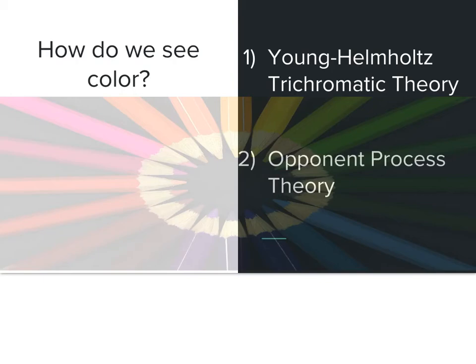Although it's only a minimal portion of the entire electromagnetic spectrum, we can pat ourselves on the back too, because our eyes can discriminate among 7.5 million colors. And that's pretty amazing when you think about it. So the pressing question is, however, how is it that we can perceive color?